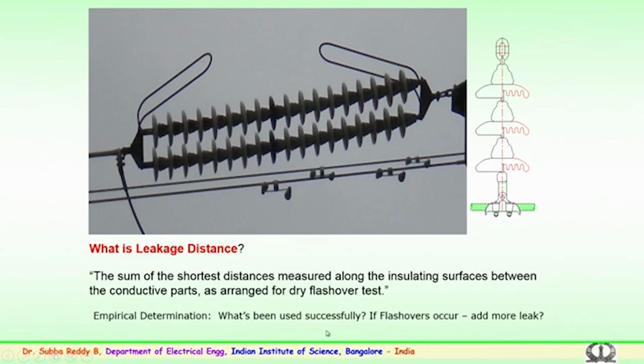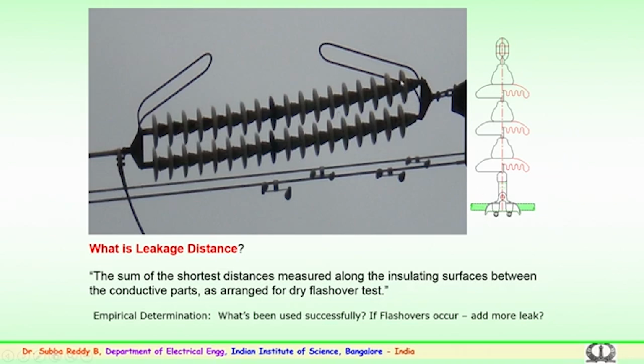So, similarly, what is leakage distance? The leakage distance is the sum of the shortest distances measured along the insulating surface between the conductive parts as arranged here. So, this shortest distance, each insulator, each ceramic portion minus the metal parts, that is the cap and the pin, will constitute a leakage distance.